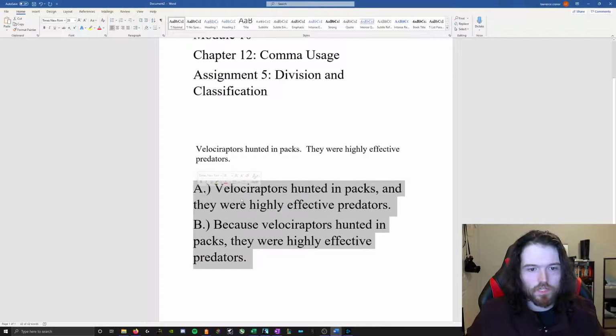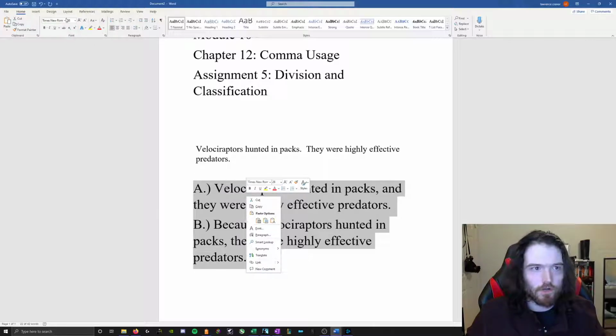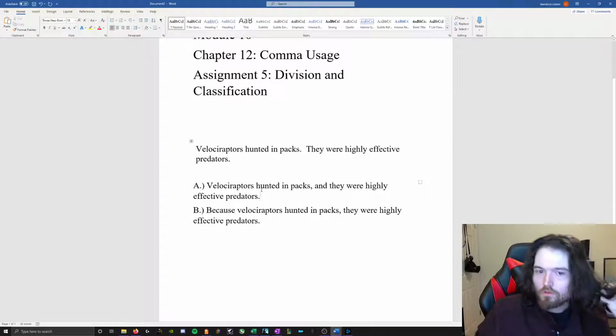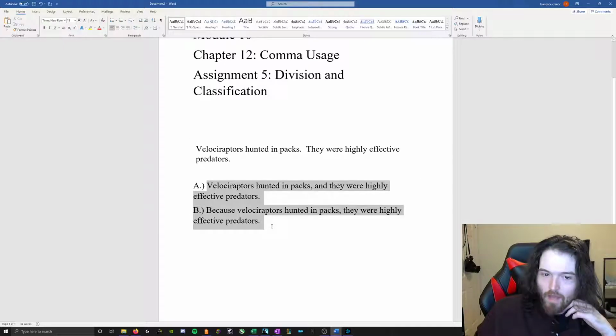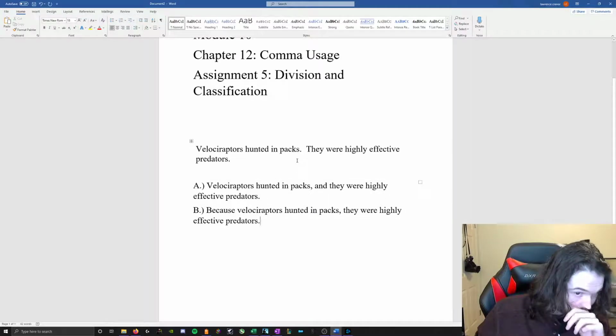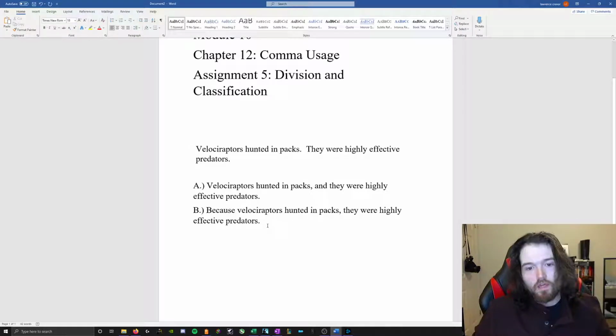So this one has only given you 2 options to choose from, which makes it easier, right? So notice that both of these sentences are grammatically correct, but one is better than the other. And 1, 2, 3, if you haven't guessed it yet, B is the correct answer.